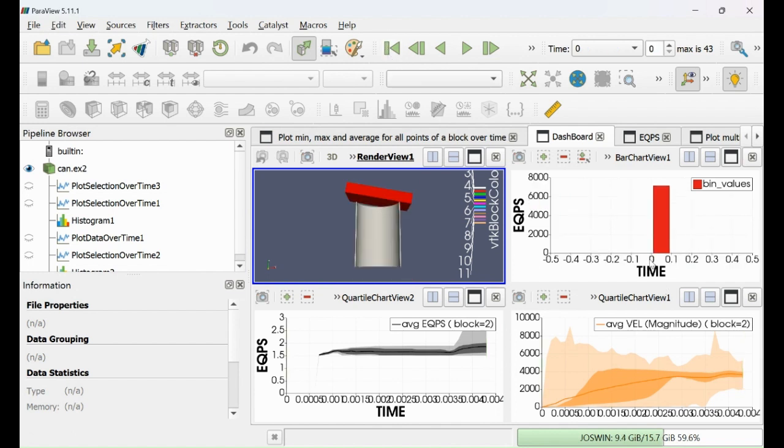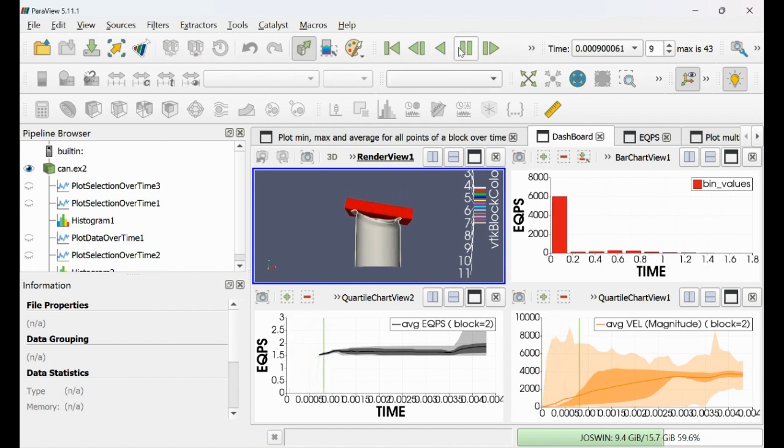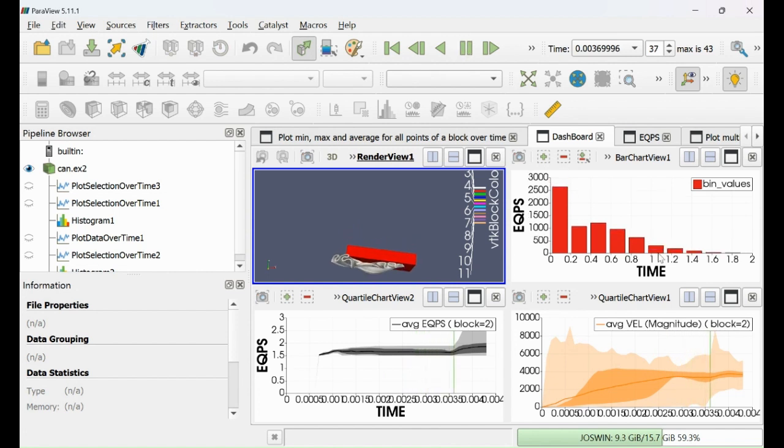So this is our dashboard that is reading this data in real time. So we can look at EQPS. You can notice that for the surface area of the first points, the deformity increases with time, whereas the regions at the end, their deformity is not much because by the time the load reaches the bottom, their deformity is not as much as compared to the first regions of the cylinder.